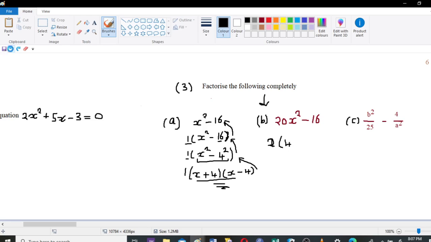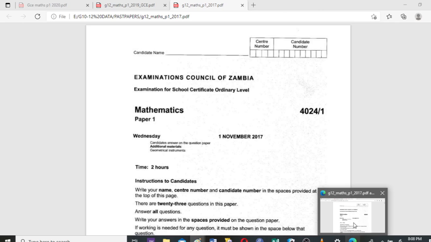Instead of using 2 as our factor, why don't we use 4? 4 will be easy. So if we use 4 as our factor, 4 into 20 is going to give us 4, isn't it? Now, what do we get if we get 4? Okay, let's do this.